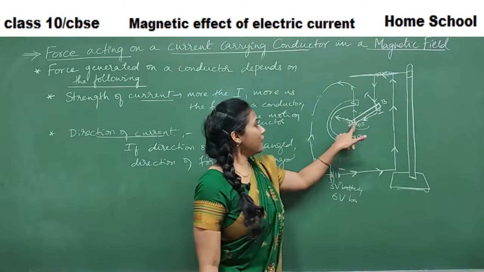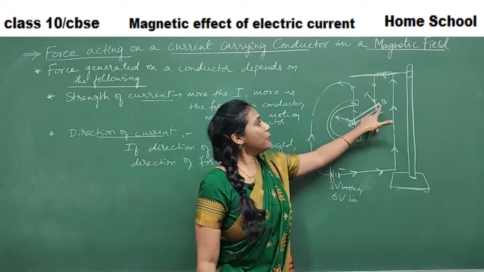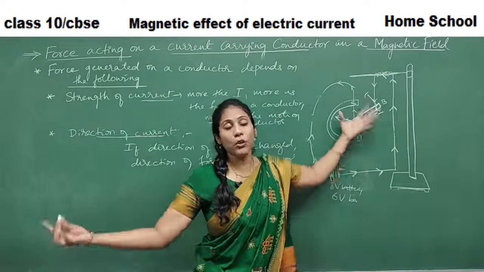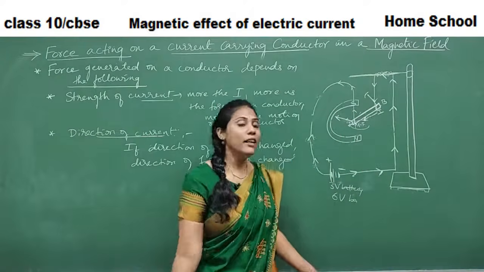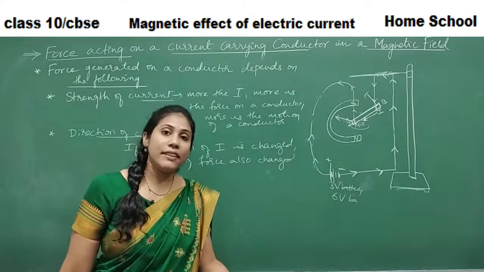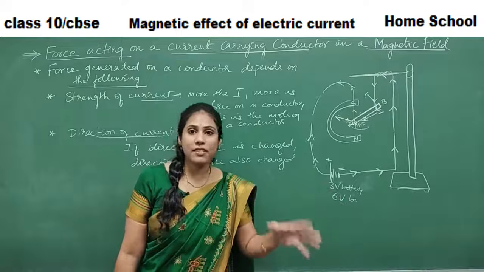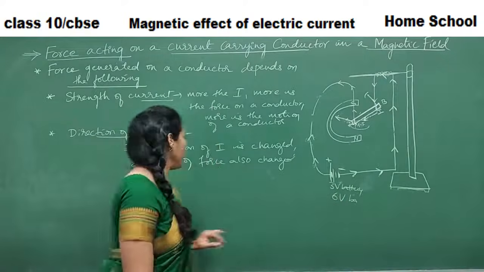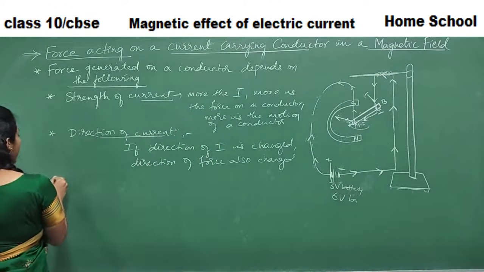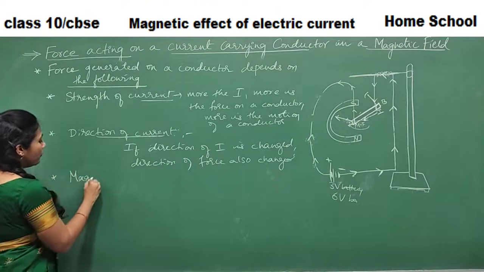Previously from end A you observed the movement. Now you will observe the movement from end B. Clear? So direction of current is also important here. Based on that also, the direction of force depends.